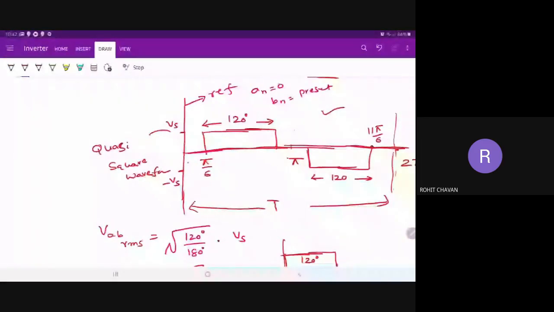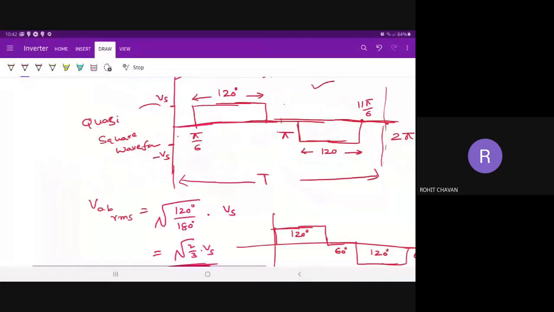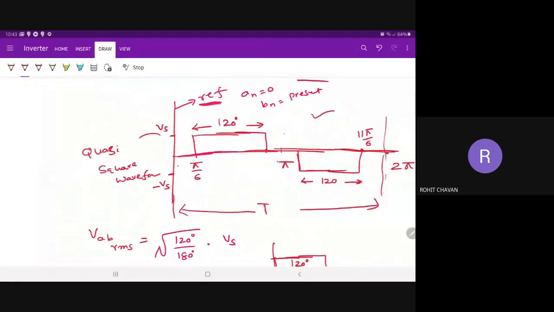Instead, if the middle of the pulse is taken as the reference, you will get cosine terms, that is, an is some finite value and bn will be 0. I consider this as the reference.